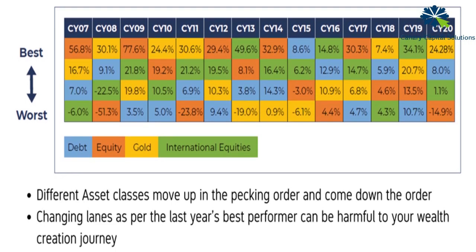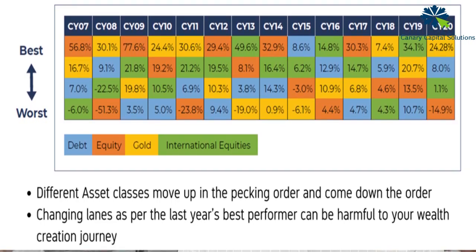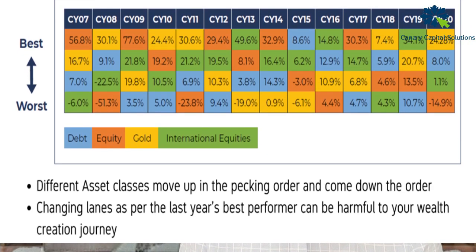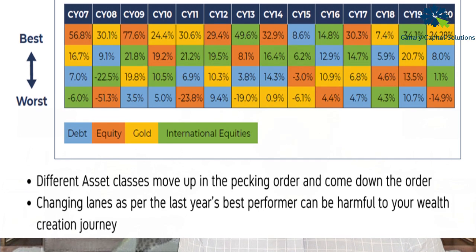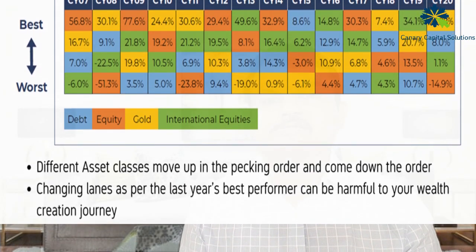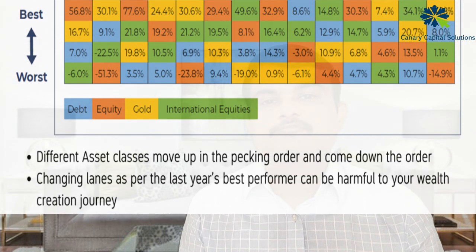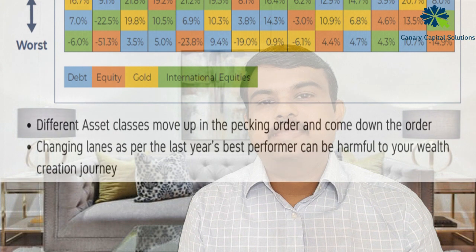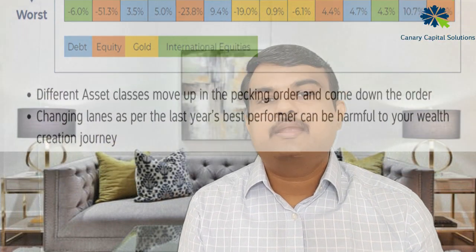If you come to calendar year 2018, the results are the other way around, where gold has performed and is topping the table and equity has underperformed. So this keeps happening time and again. So the best sensible approach is to allocate across different asset classes in reasonable size so that whenever any asset performs, it automatically makes sure that your portfolio continuously performs.